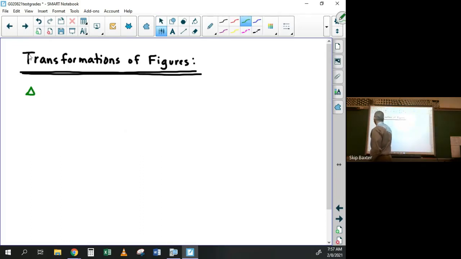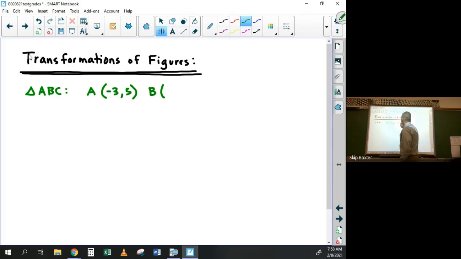triangle ABC, where A has coordinates -3, 5, B has coordinates 1, 4, and C has coordinates 0, -2.